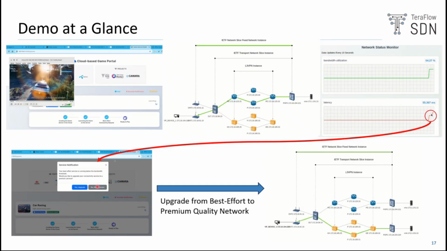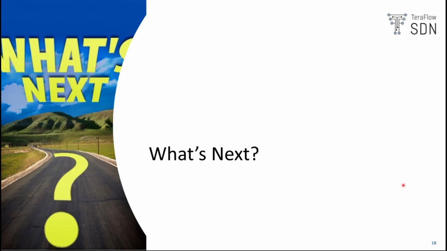Then the user gets a notification saying, do you want to promote to a premium service? If it says yes, then you get promoted, and then your connection now goes through the premium services and probably going to a premium server, not the original best effort server. And well, at a glance, that will be the demonstration.